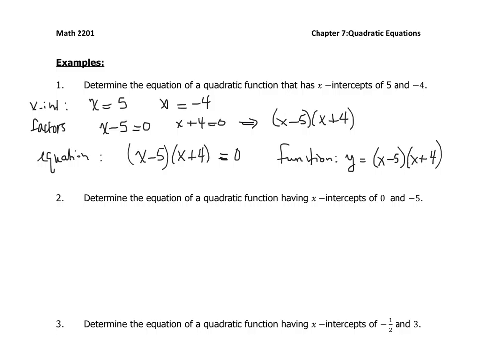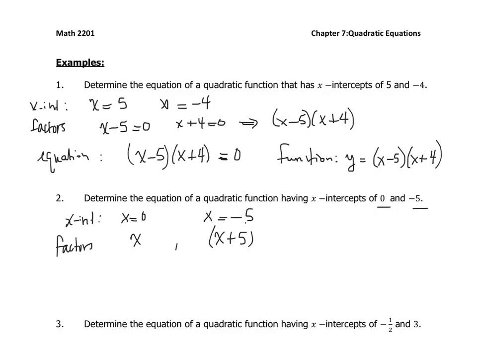Now the second one, if the x-intercepts are 0 and -5, then the factors will work backwards. That would just be x, and this would be x plus 5, because you basically think about solving each factor equal to 0 to get those x-intercepts.